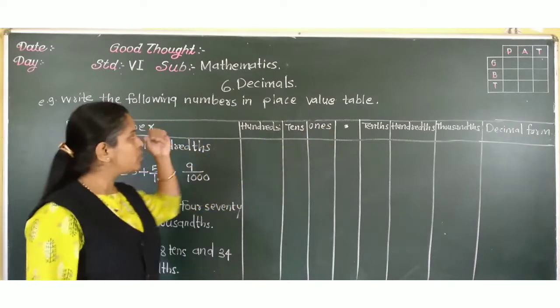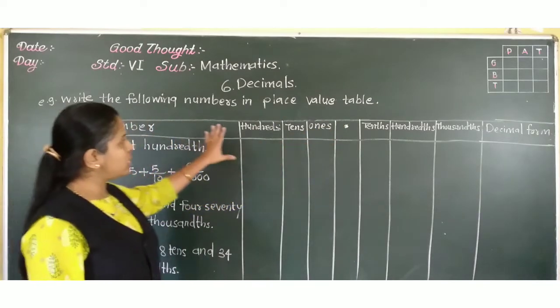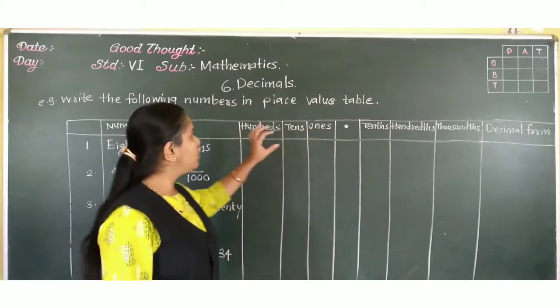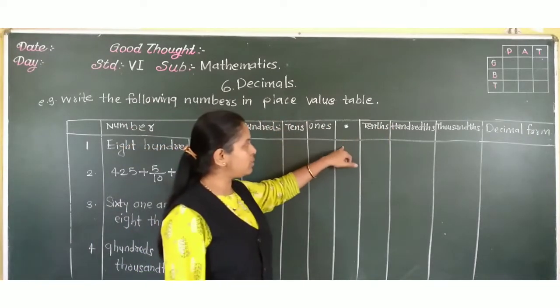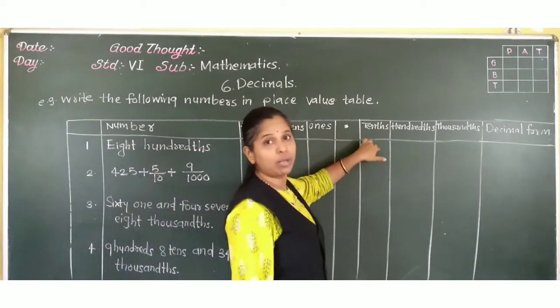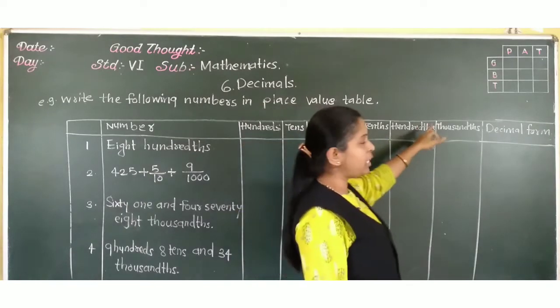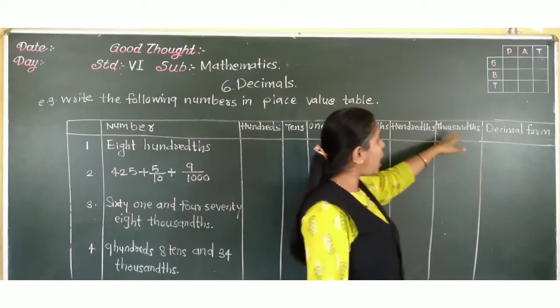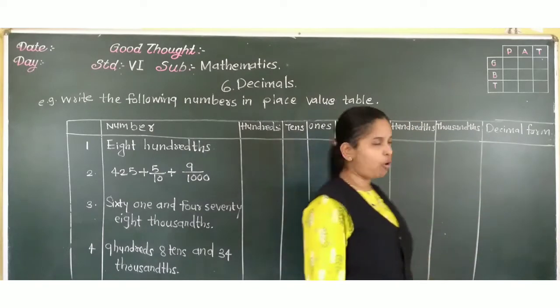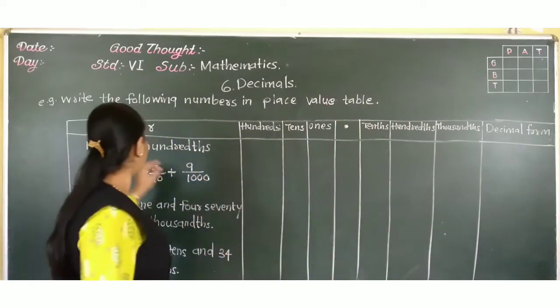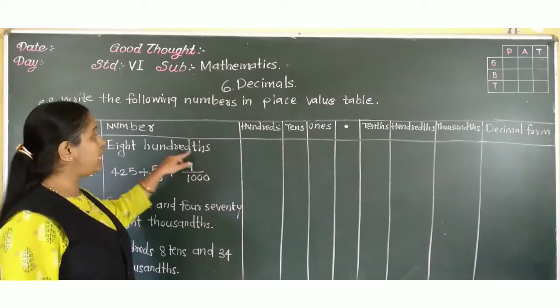Okay. So see here, this is the place value table. Hundreds, tens, ones, decimal point, then after decimal, what is the first place? Tenths, hundredths, thousandths. So see here, first number is 8 hundredths.